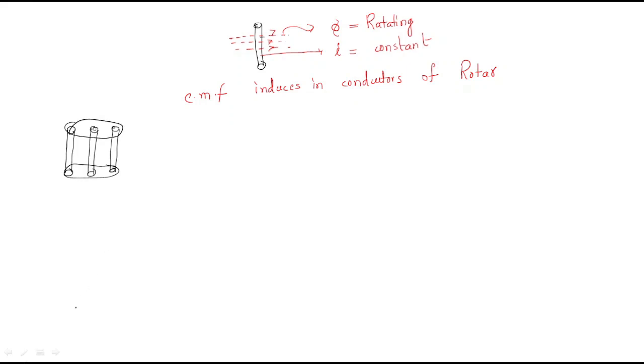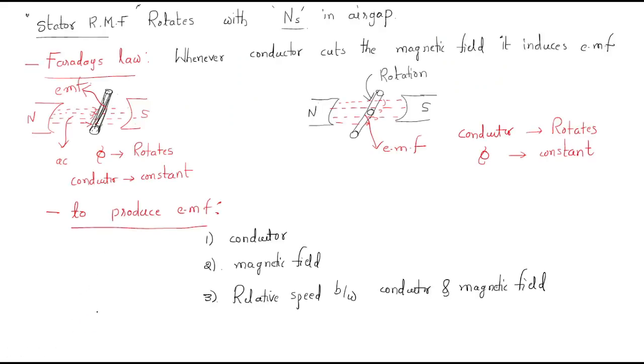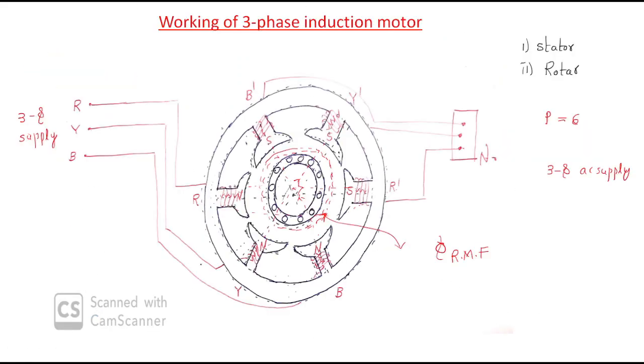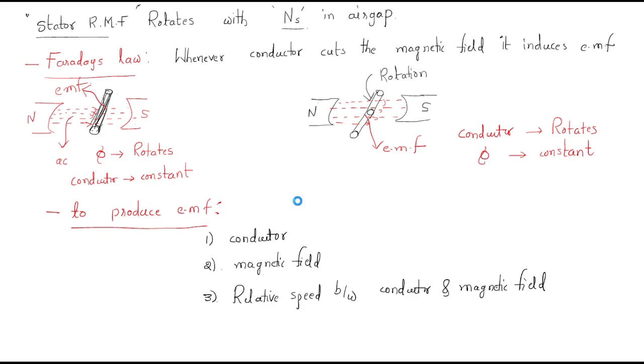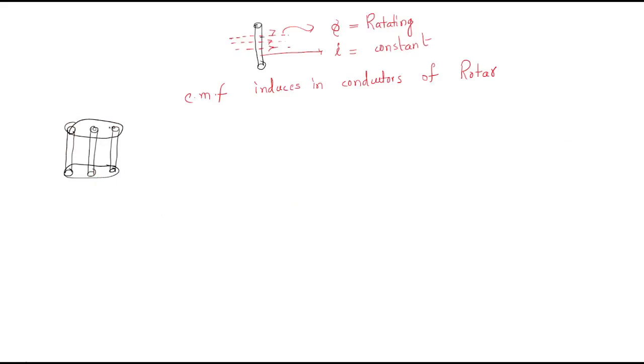So go back to the working of the three-phase induction motor. These slots consisting of the windings are nothing but the conductors. One side is short circuited. As a conductor, an EMF E is produced here, and the other side is short circuited. Here the potential difference is E, there it is 0, then automatically current will be produced.